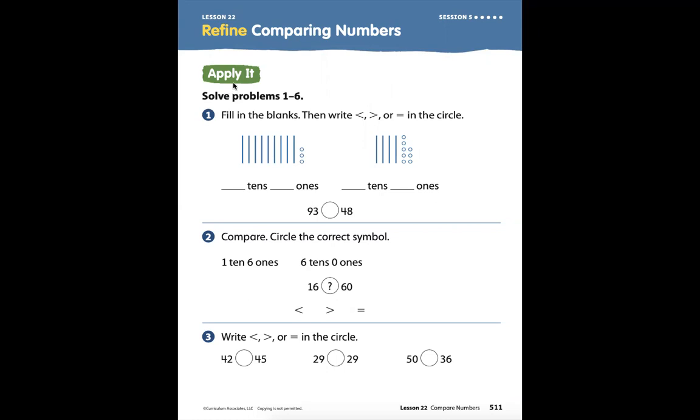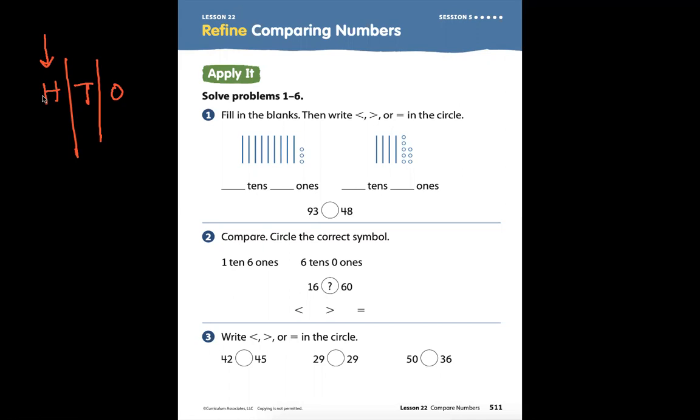Comparing numbers. When we compare numbers, we always want to look to the greatest place value first. If we have hundreds, tens, and ones, we will look at the hundreds place first.